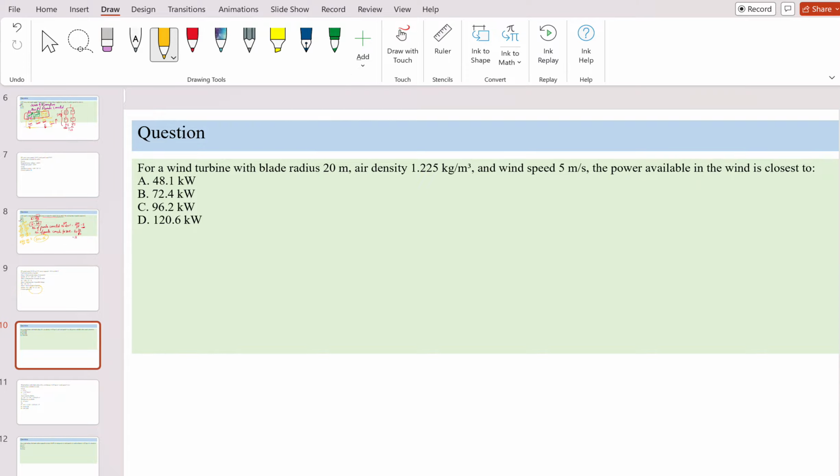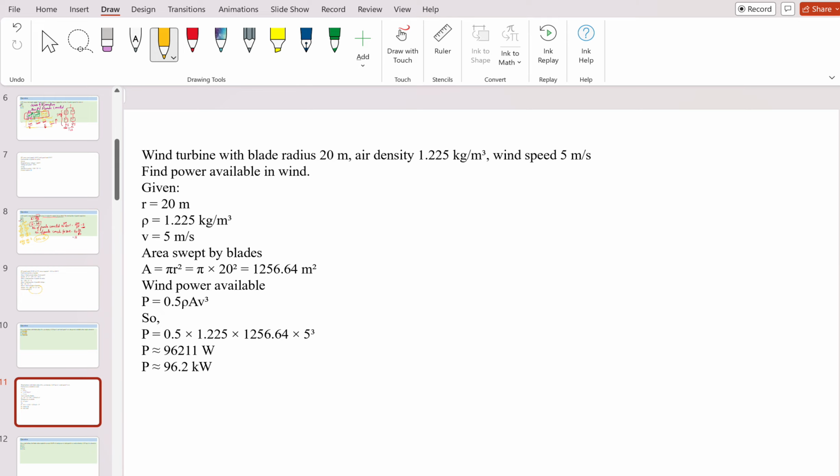Okay, option A, I got one answer. Option C also I got. Okay, let me give the formula, so that it will be easy for you to solve.